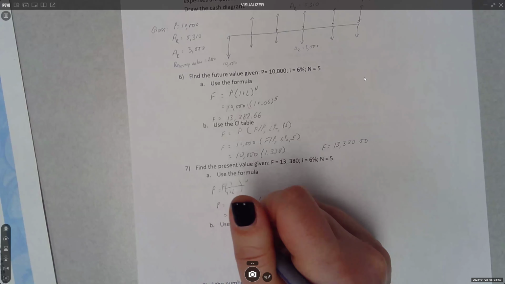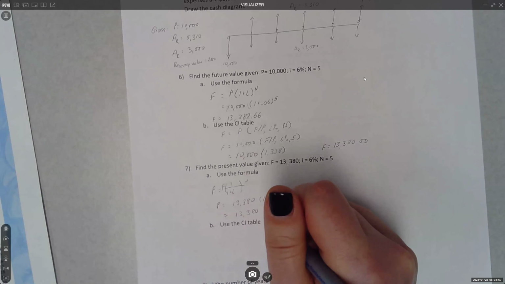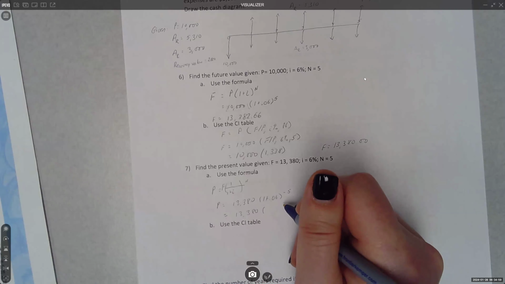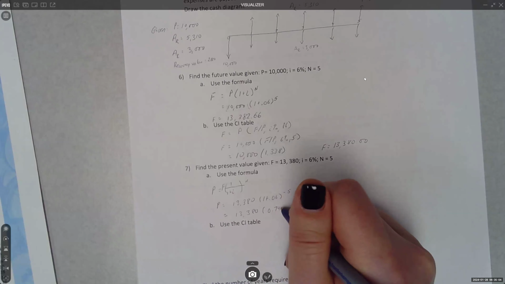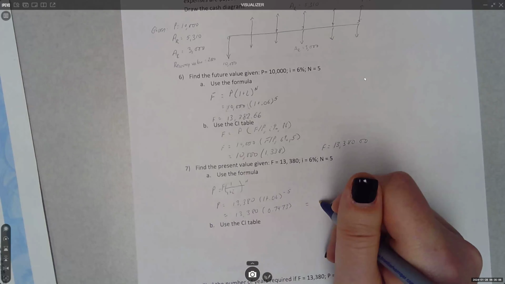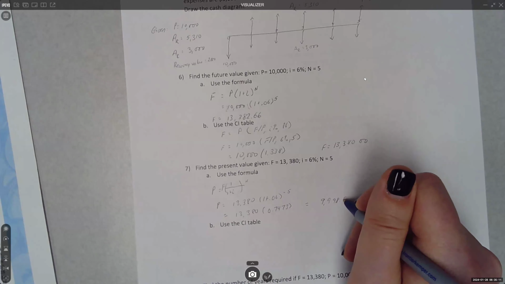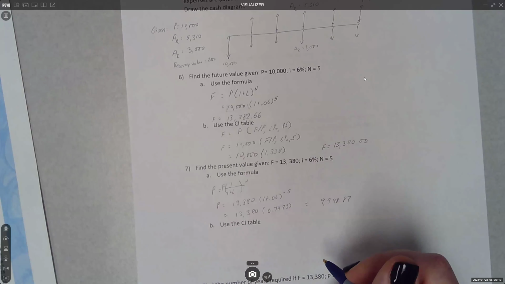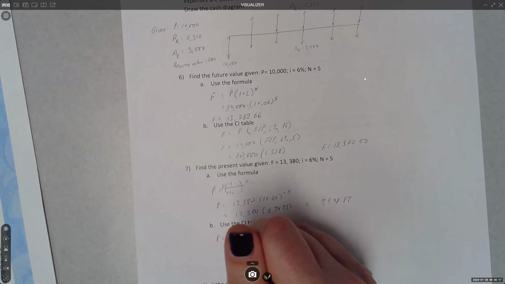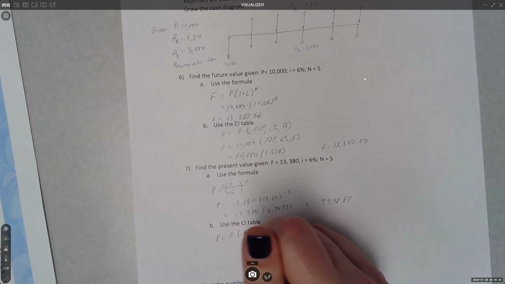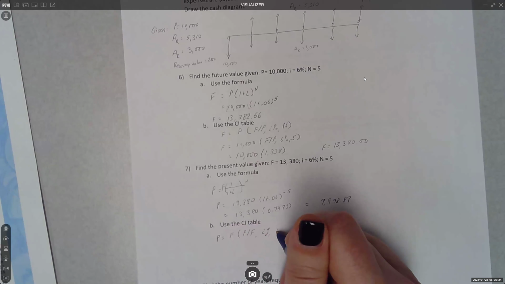So I have 13,380, and 1 plus 0.06 to the negative 5th power is 0.7473, which gives me $9,998.87. Using the compound interest table, I can find P given F at I% over N periods of time.